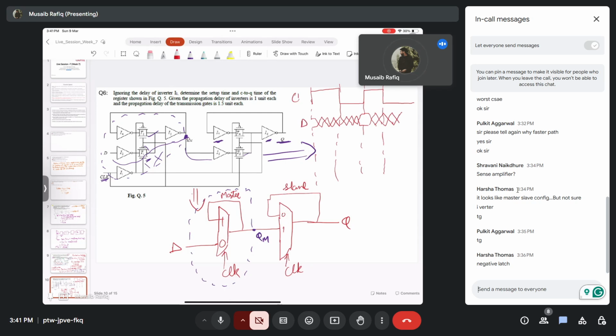This is D, this is the clock, and here will be QM. Let's draw QM here.